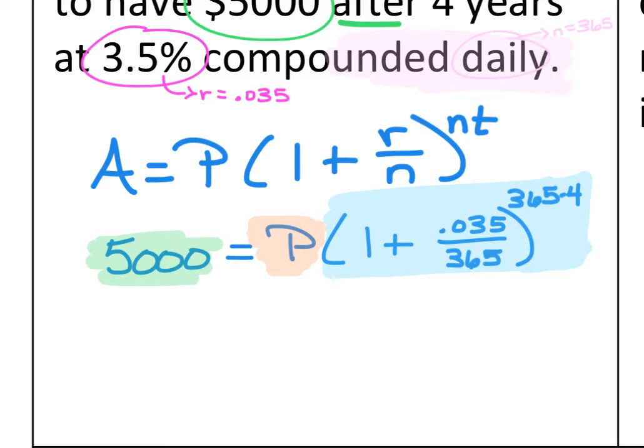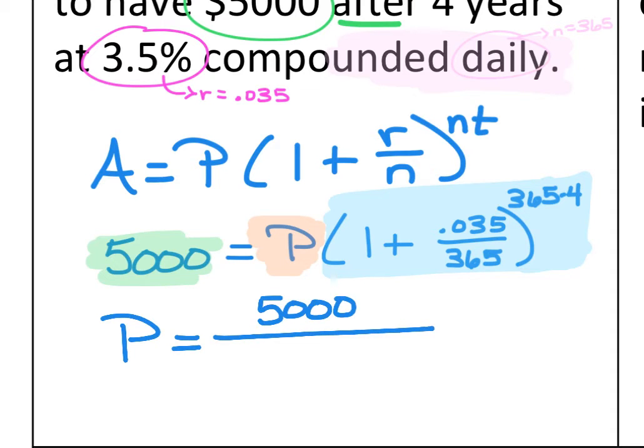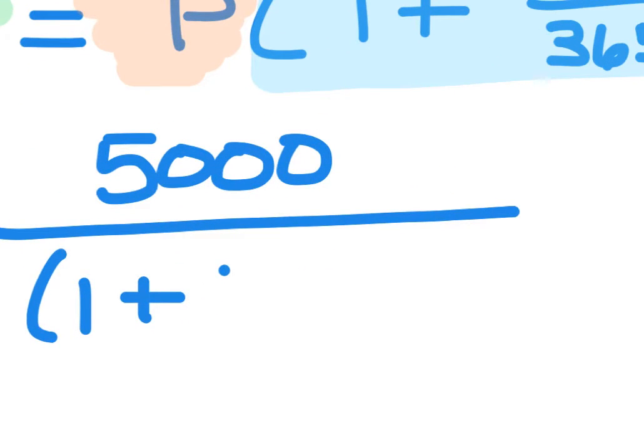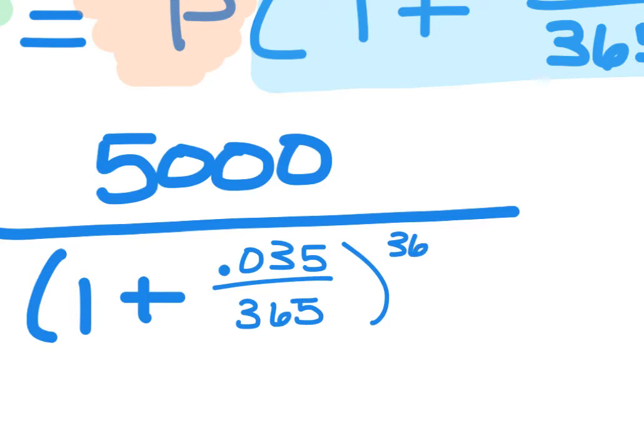So it's just 5,000 divided by all that blue stuff. So really, P is going to equal 5,000 in the numerator over parentheses 1 plus fraction 0.035 over 365 to the 365 times 4 power.